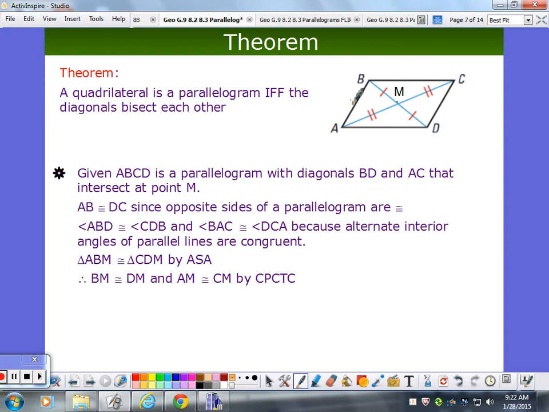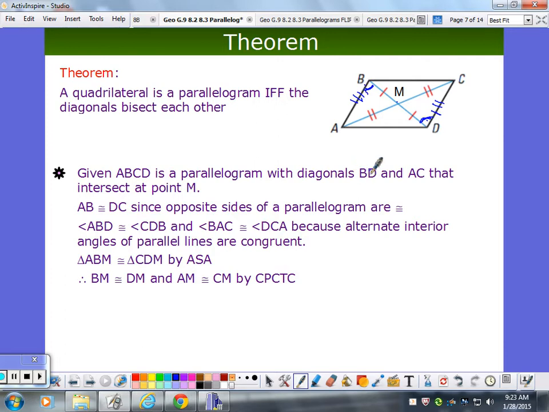I know that AB and DC are congruent because it's a parallelogram, therefore the opposite sides are congruent. I also know that angle ABD, this one, is congruent to CDB. Here's my Z shape. These are alternate interior angles of parallel lines. They must be congruent.